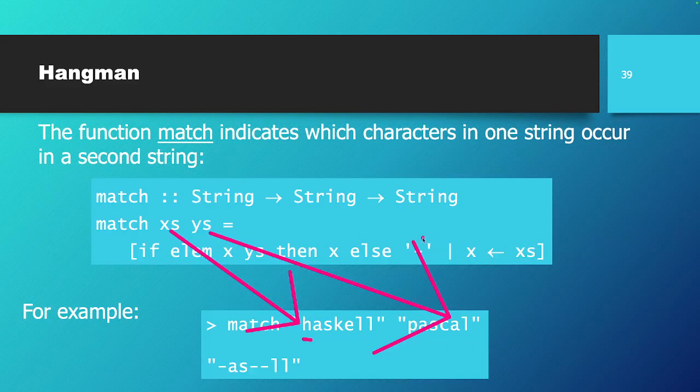It doesn't. So I'm going to print this. Okay. The next one is A. Does A appear here? And if it does, I'm going to print A there. Okay. So it's just all the letters from Haskell that appear in the guess you're going to get there.